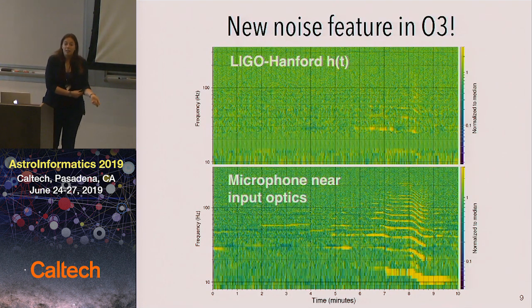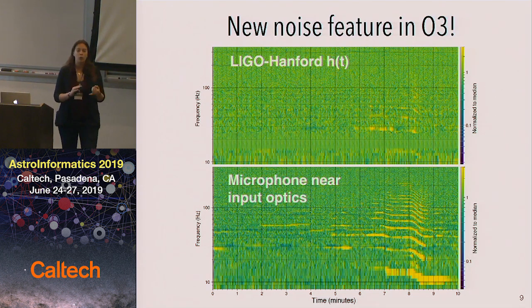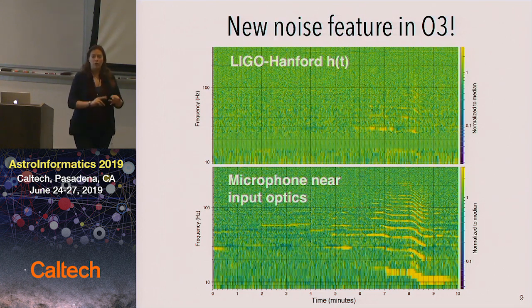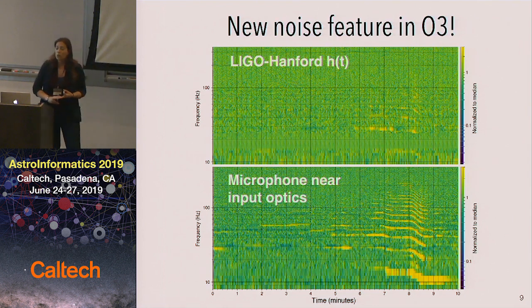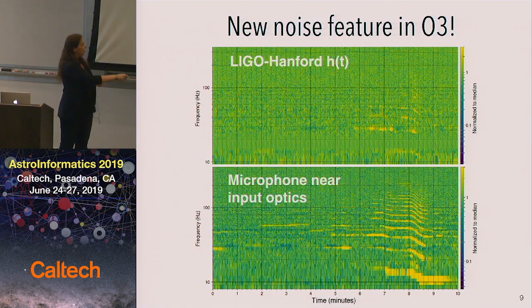So I have a guessing game prepared for you. Here is a new noise feature to O3. I think I've told this group about ravens. I've told you about the phone. I think I've told you about the refrigerator as well. So this is a new one. You're looking here at time in minutes, where this is a 10-minute long plot. You have frequency on the y-axis, roughly the same axis on both of these plots.